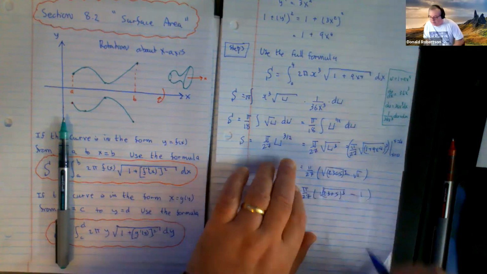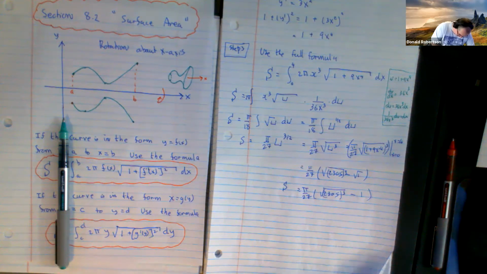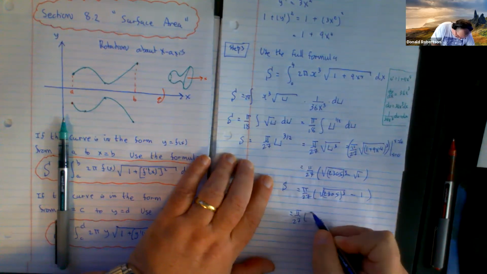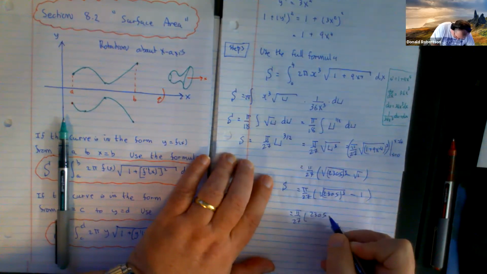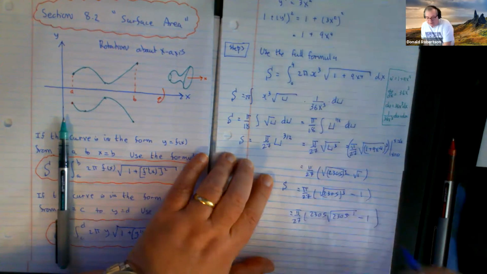Right, I'm just leaving that. It's the right answer, but the square root of 2305 cubed. Oh, wait a minute, I could do something. 2305, the square root of 2305.